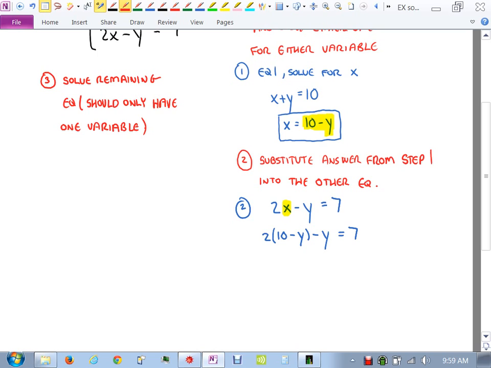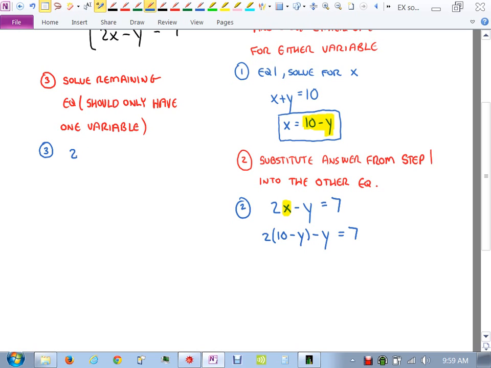So when we look at this step 2, I'm going to solve that remaining equation here. Notice that this equation, the only variable in it is y, right? So we should be able to solve for y. So here's my step 3.